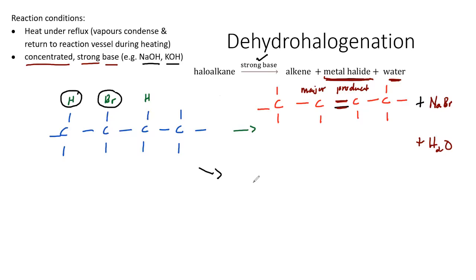So my minor product becomes this one. Check this out. I've put a double bond there, and you have something like this right there. That's my minor product. The Br is taken out, and the H on the left-hand side.